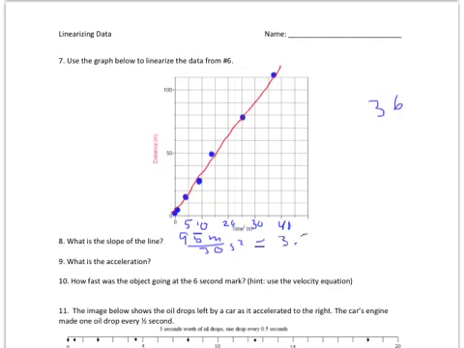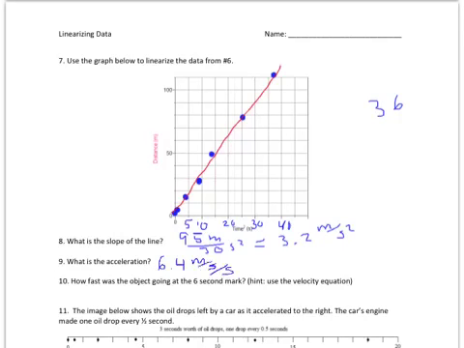So 3.2 meters per second squared. But what is the acceleration? That is not the acceleration. Remember, d equals 1/2 a t squared. So therefore the acceleration is going to be double this. It's going to be 6.4 meters per second squared.